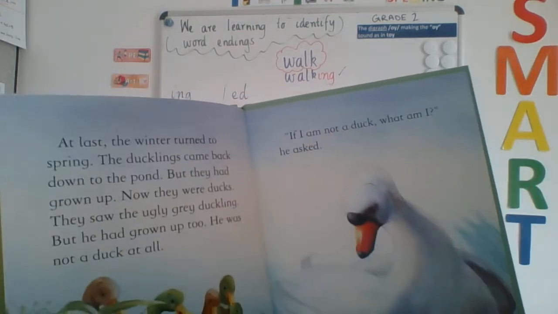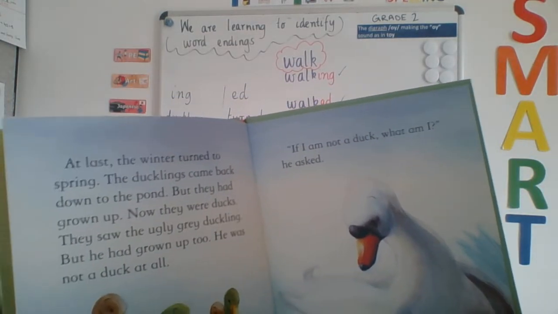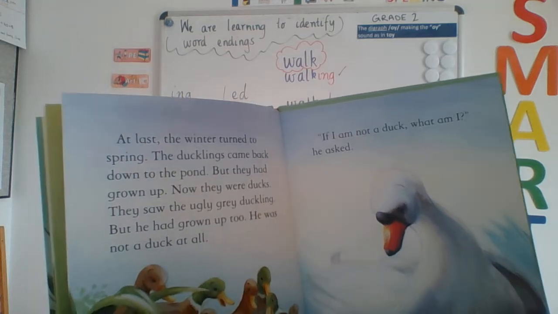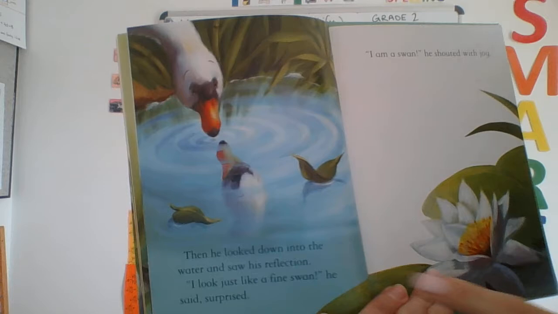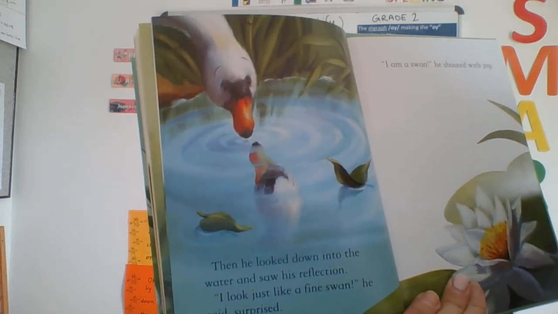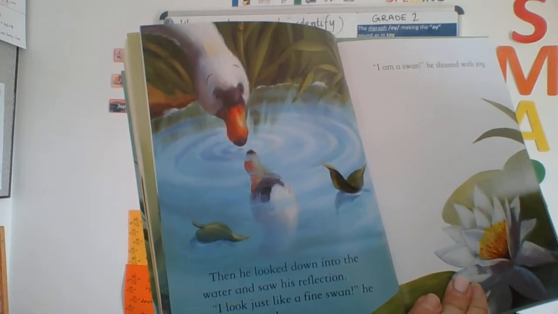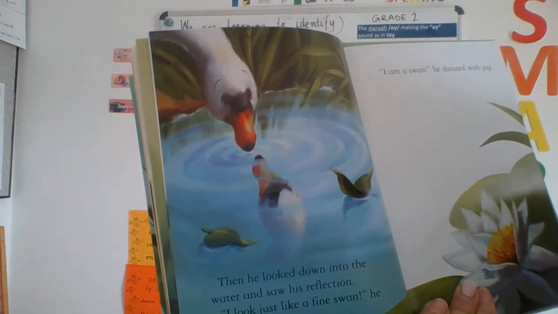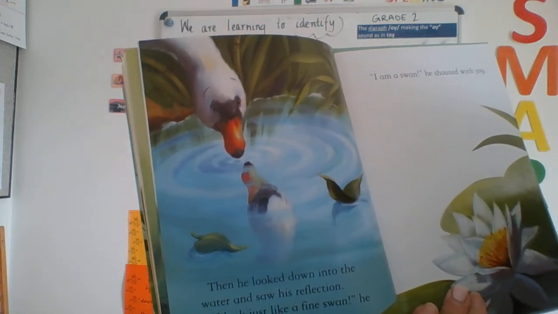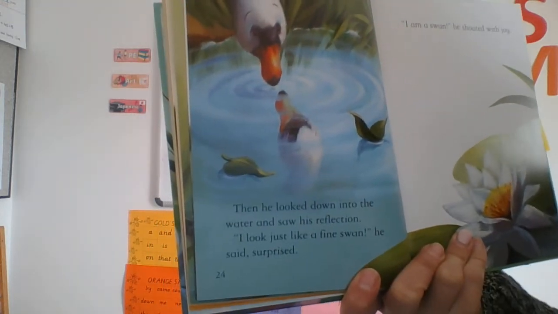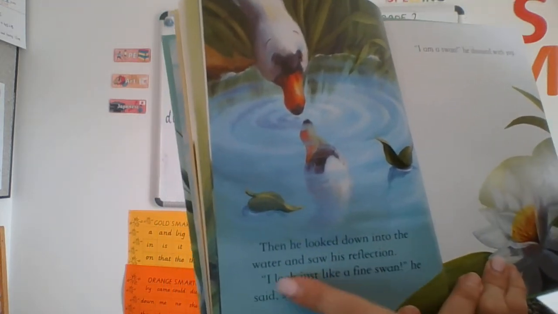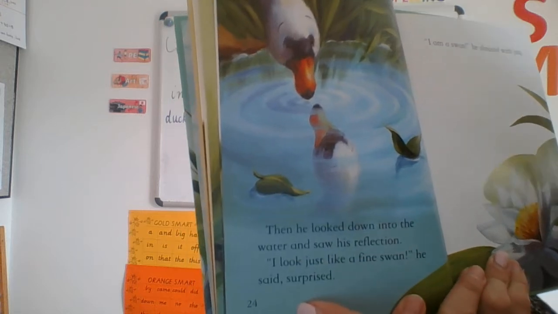If I am not a duck, what am I? He asked. Then he looked down into the water and saw his reflection. I look just like a fine swan, he said, surprised. Have a look at this word, boys and girls. This says surprised.